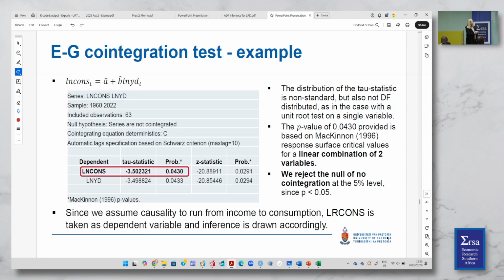The p-value is based on that calculation for two variables, and what we conclude here is that we reject the null of no co-integration at the 5% level. And then you can move on to build your ECM, or maybe that's all that you're interested in, to say something about the marginal propensity to consume.